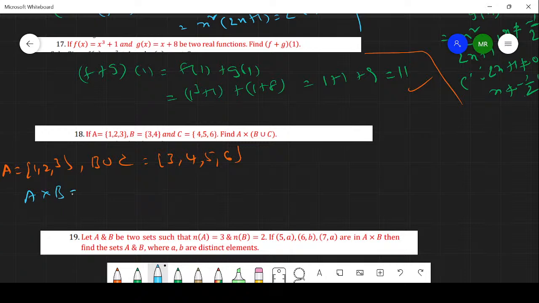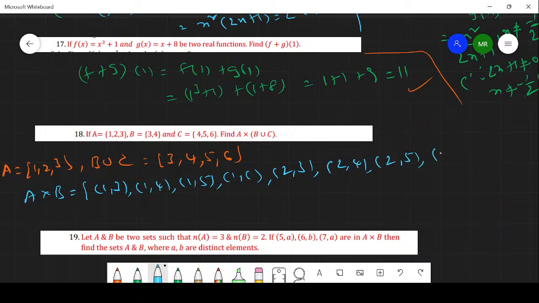A cross B union C equals the set of (1, 3), (1, 4), (1, 5), (1, 6), the combinations with 1, then with 2: (2, 3), (2, 4), (2, 5), (2, 6).